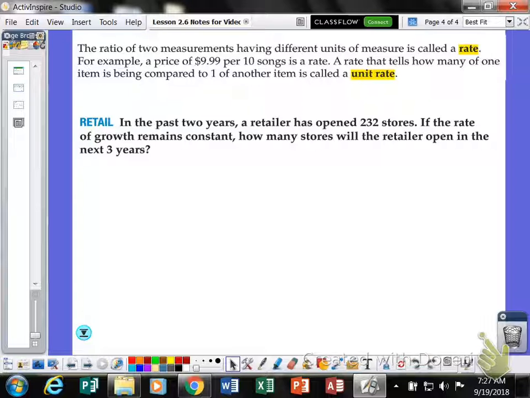So, looking at the problem, in the past 2 years, the retailer opened 232 stores. If this rate continues, so if it's the same rate year after year, what would it be in the next 3 years? You could use a proportion, you could use a unit rate. What I would do is a unit rate. I would take 232 and divide it by 2 because it was 232 stores in 2 years. That's going to give me a unit rate of 116 over 1.